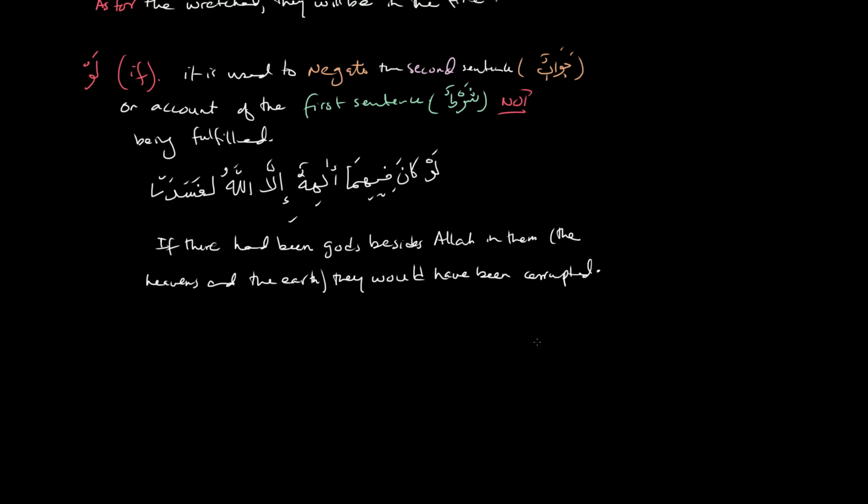If this was daytime, there would be light in the sky; since there's no light in the sky, it's not daytime. لو كان فيهما آلهة إلا الله لفسدتا, they would have caused corruption. Since that did not happen, it's an indirect negation.